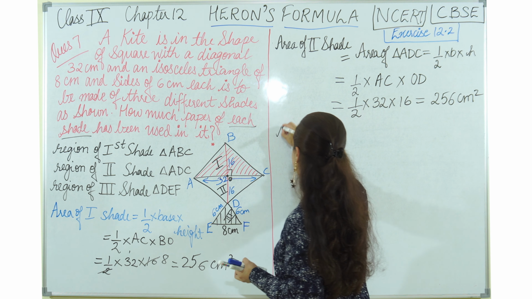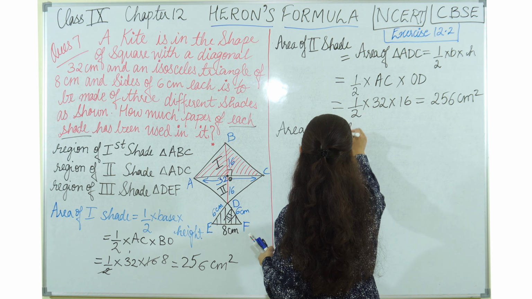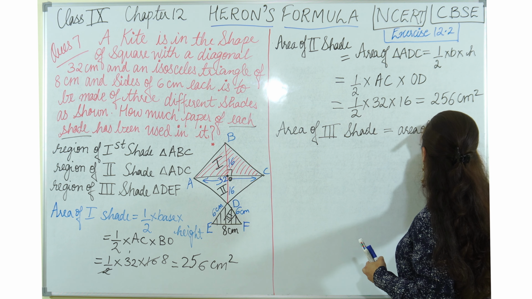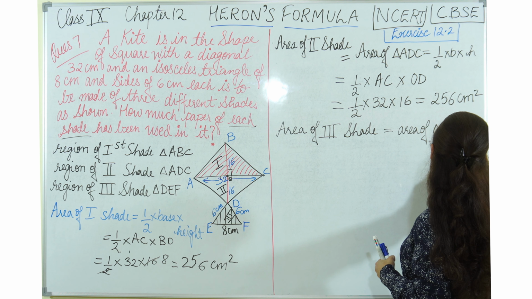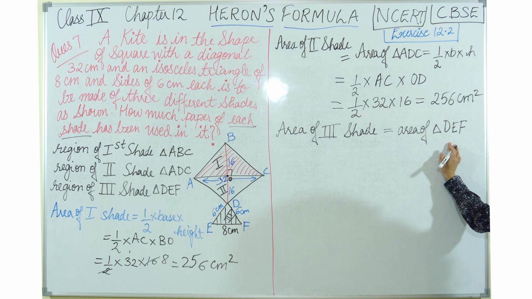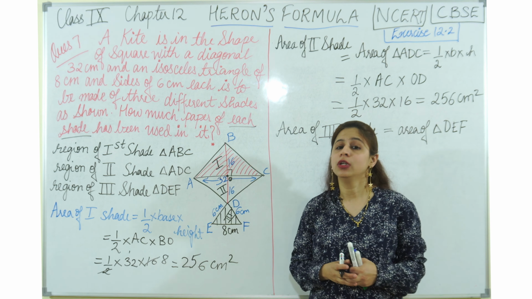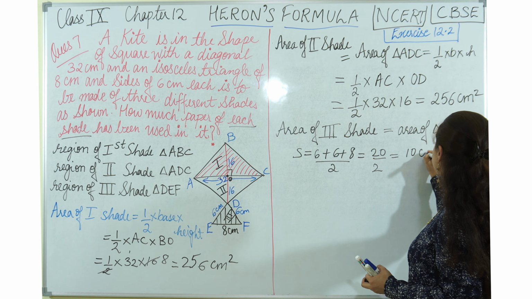So now let us find out the area of the third shade. It will be the area of triangle DEF. Triangle DEF is an isosceles triangle, so we can find it with the help of Heron's formula. So we'll be finding out the semi-perimeter first. The semi-perimeter will be 6 plus 6 plus 8 upon 2, that will be 20 upon 2, which gives us 10 centimeter.